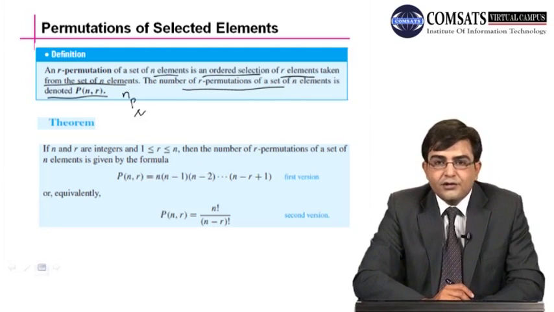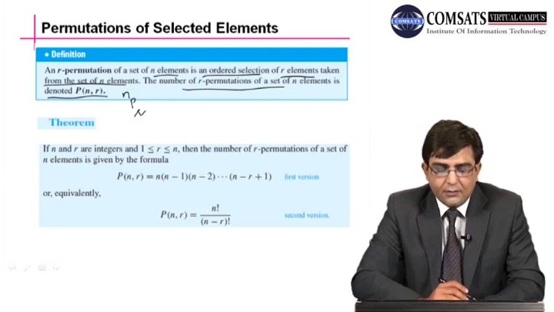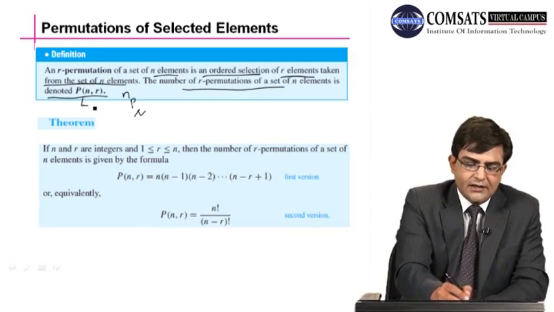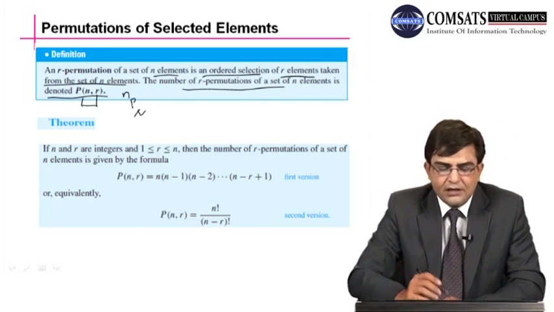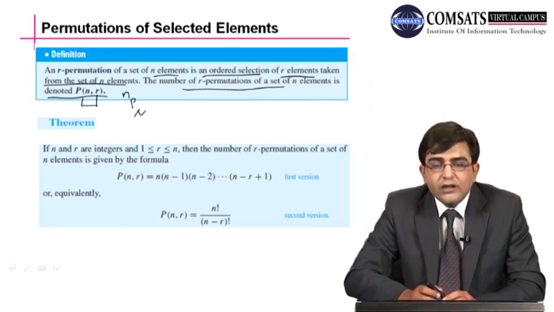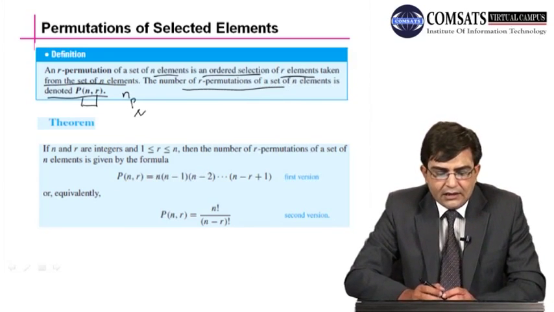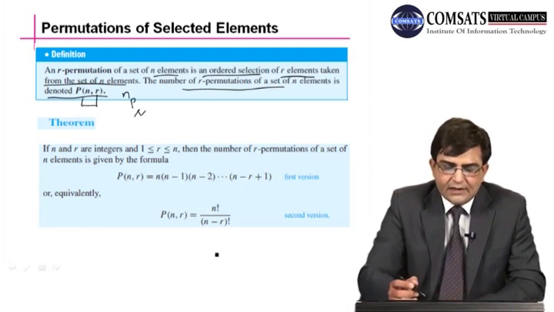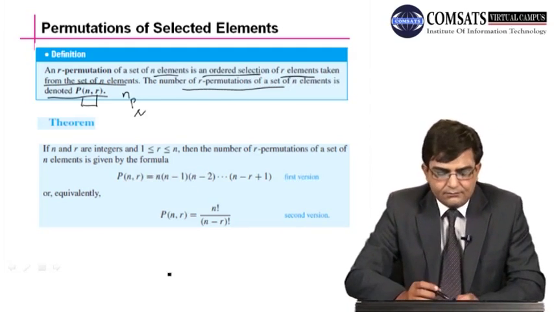This is another notation which in some books you will see, this notation nPr, or in the book of Susanna you can see this notation P(n, r). Now how can we calculate r permutations out of n elements of a set? This is basically an ordered selection.